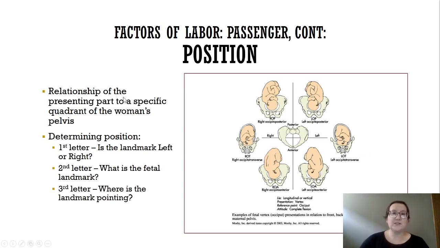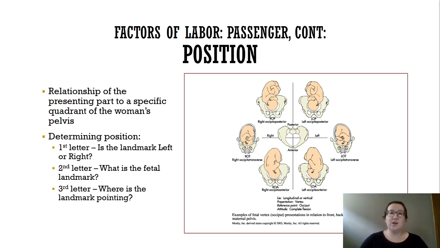Alright, so when we're talking about position, we take all of these factors and we put them into abbreviations. So we're looking at the position of the baby, and all of this goes into the provider's charting. If you open up the delivery report, you're going to be able to see all of that because it plays a significant part in how well the delivery and the birth go.